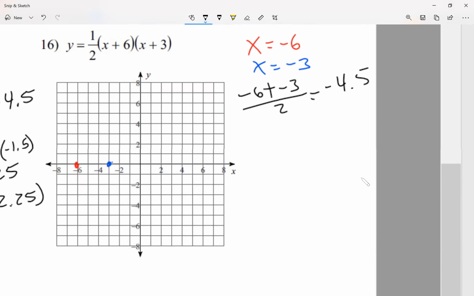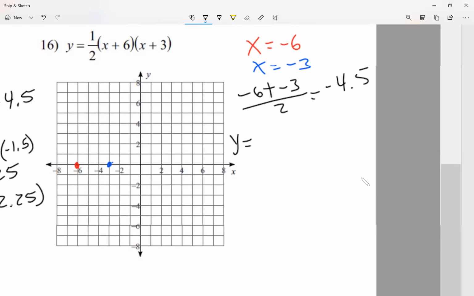Okay, now I do expect this to open up, right? Because my first number is a positive. So I do expect this to open up. Now let me find my y value. y equals 0.5. I'm going to deal with decimals, right? 1/2, isn't that 0.5?